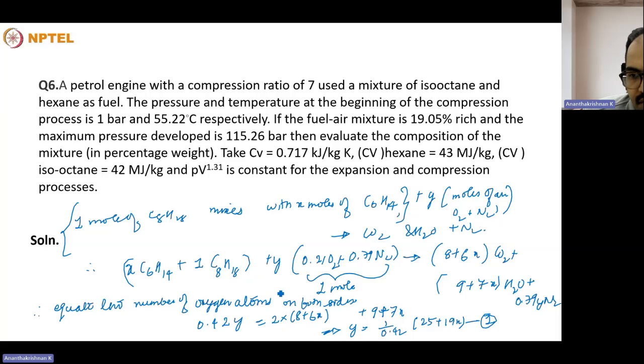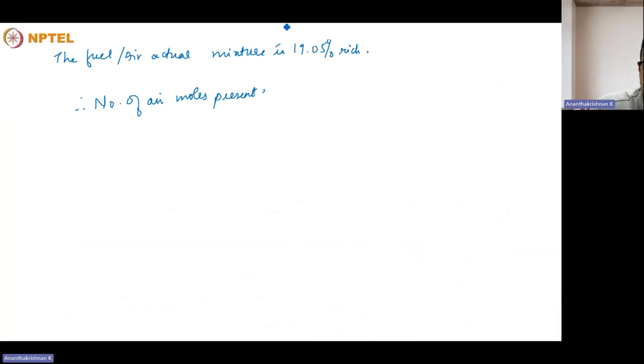So for every Y moles of air, there will be 1.1905 moles of fuel.